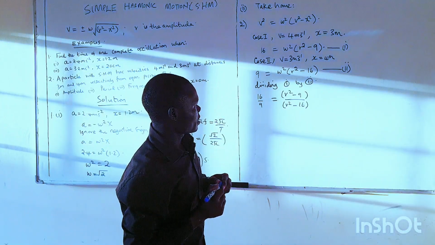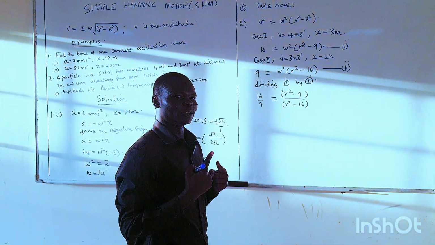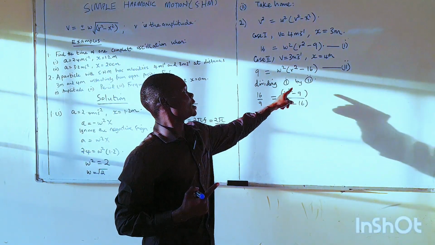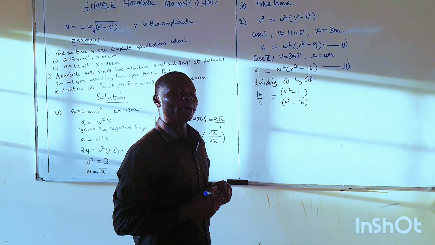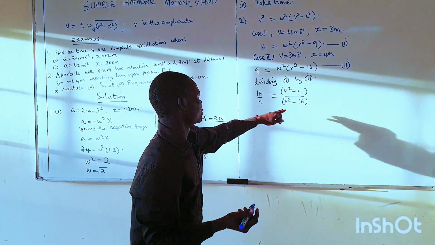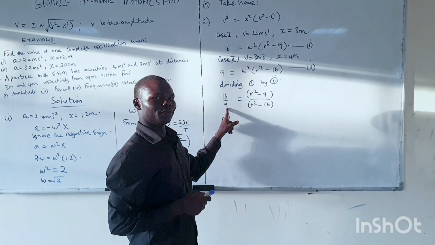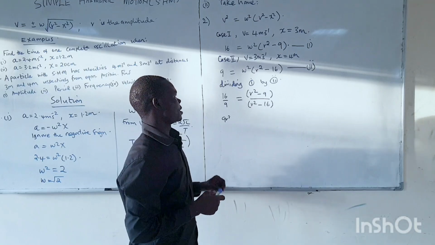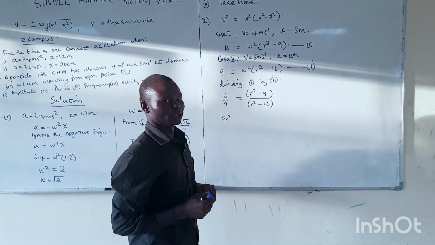Cross multiplication. Through cross multiplication, we shall have 9 being multiplied by the numerator of that one, and 16 multiplying the denominator of this one. So we shall have this our denominator on the left hand side will multiply r squared minus 9, and 16 will multiply r squared minus 16.